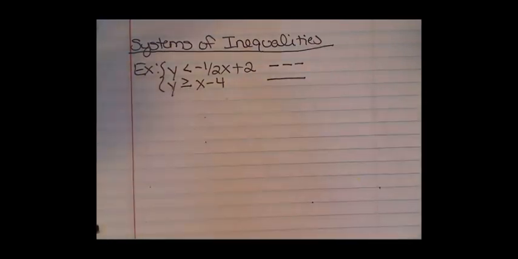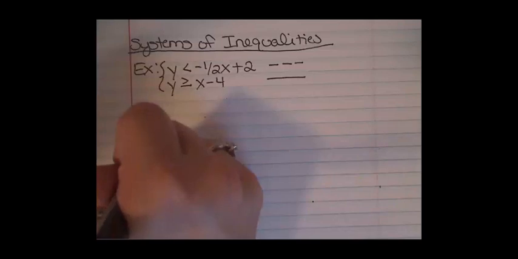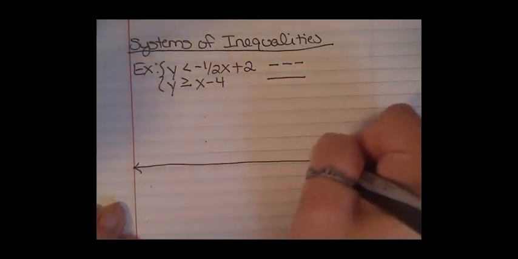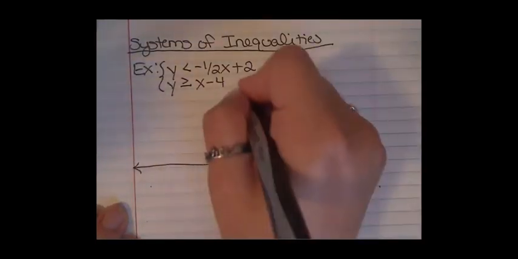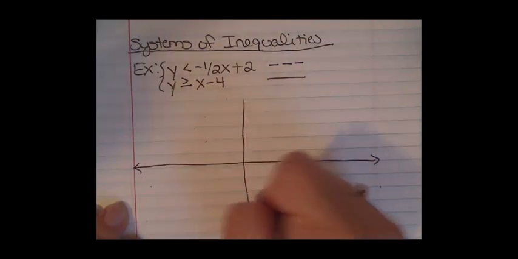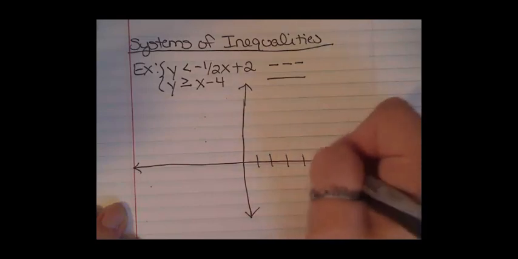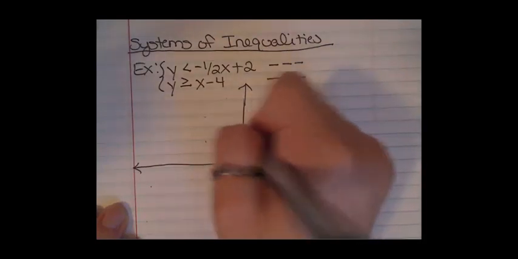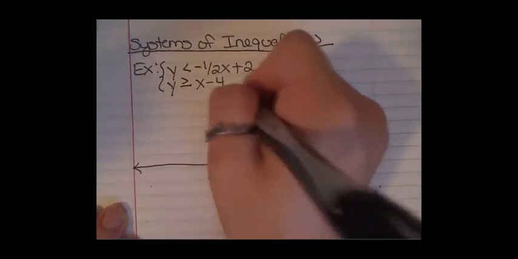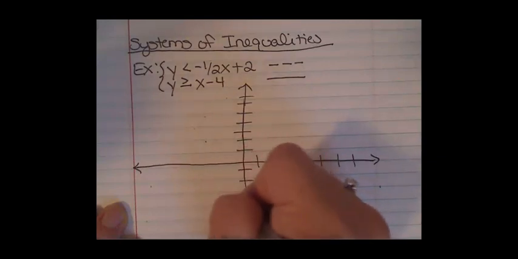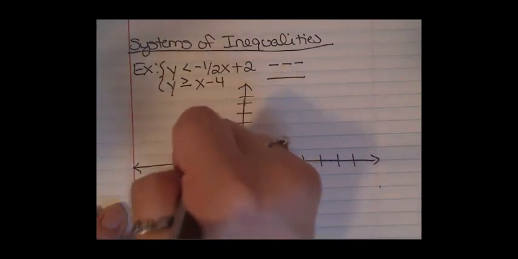So let me draw a Cartesian coordinate system. Alright, so there's our Cartesian coordinate system.